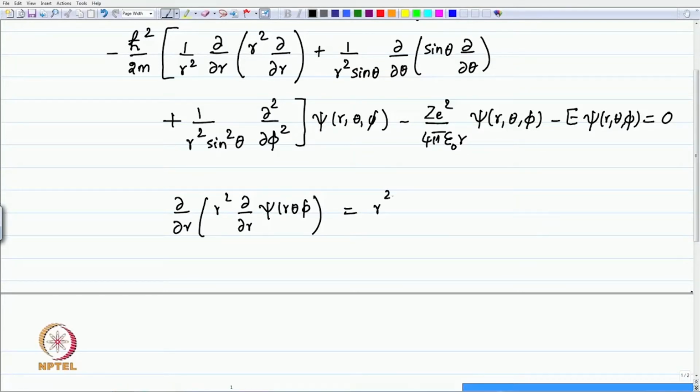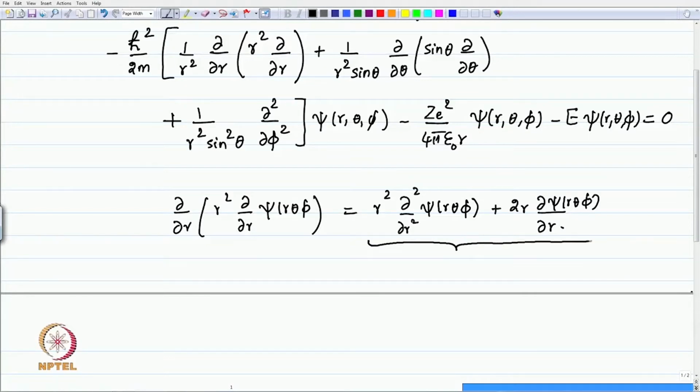Therefore you have r square dou square psi by dou r square, the second partial derivative of psi with respect to r, and then the other term, namely 2r dou psi of r, theta, phi by dou r. That is what is meant by writing in a compact notation like this.